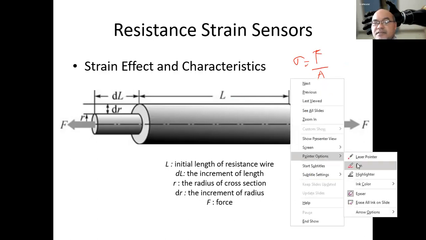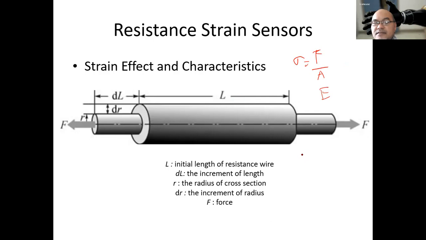It will cause elongation, called delta L, the extension, and the strain is defined as this delta L divided by the original, initial length L. The Young's modulus is defined as sigma divided by epsilon. When a stress is applied to a material, the material will extend or be compressed depending on the direction of the force.